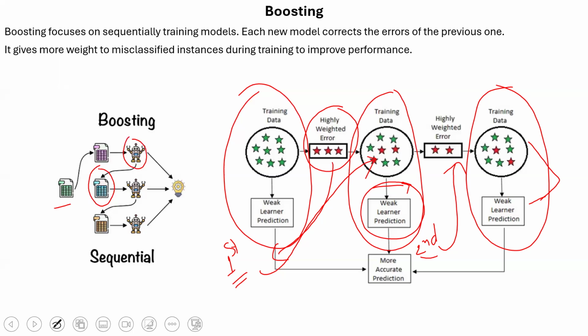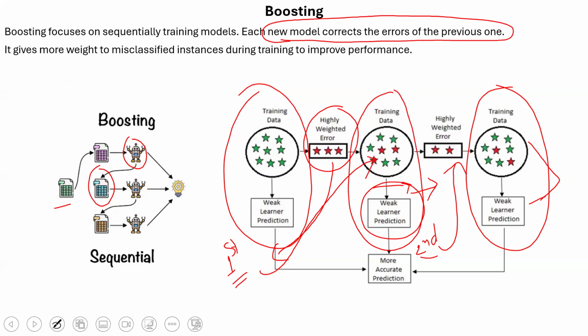You will shortly see that. So that is what the boosting technique means: each new model corrects the errors of the previous model. That is the main idea behind boosting. The new model's main agenda is to correct the errors of the previous model. That is how the sequence is established in boosting.